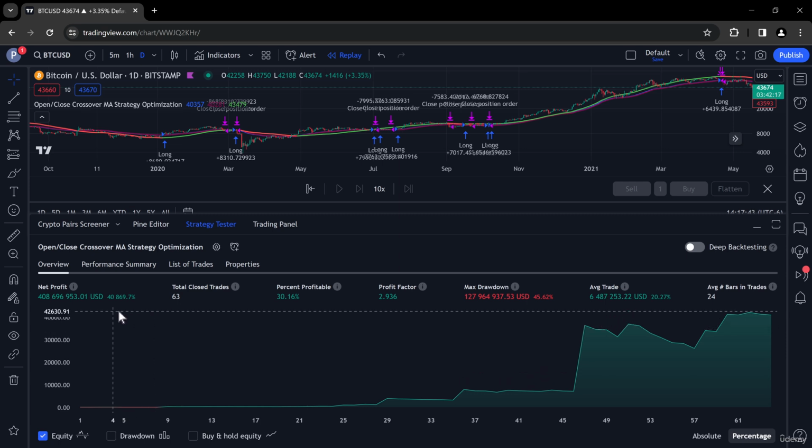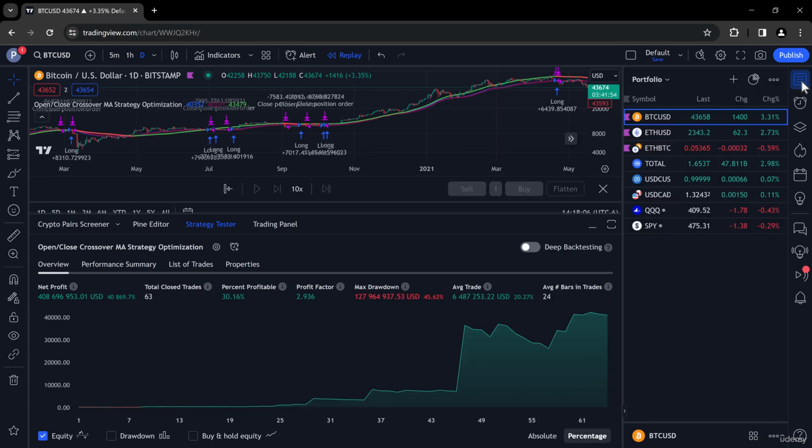The strategy currently with the default parameters generates around 40,000% net profit, and it has a 2.9 profit factor, and it has 45% drawdown. Let's say we want to optimize these parameters to improve strategy performance metrics.